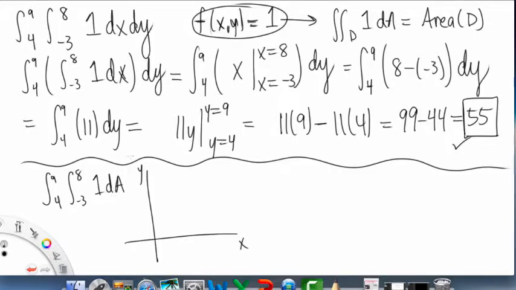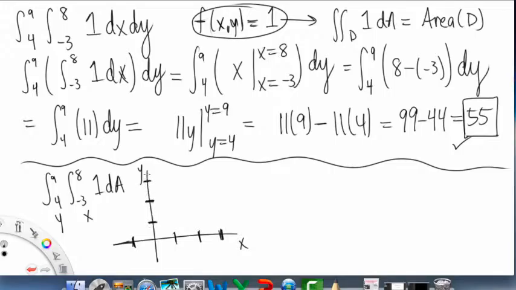So x corresponds to these ones, and y corresponds to these. So x goes from negative 3 to... okay, hold on. I'm going to do some scalar things here. I'm going to count by 4s, so it just makes it easier.